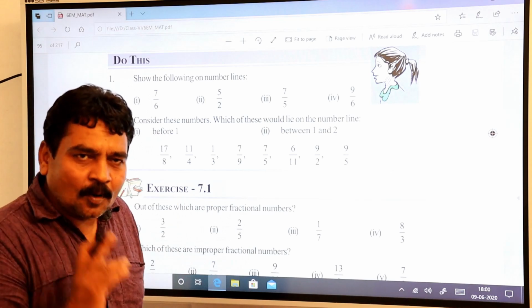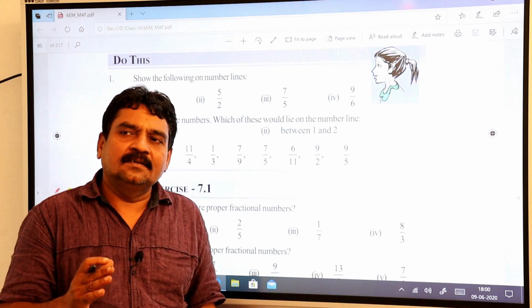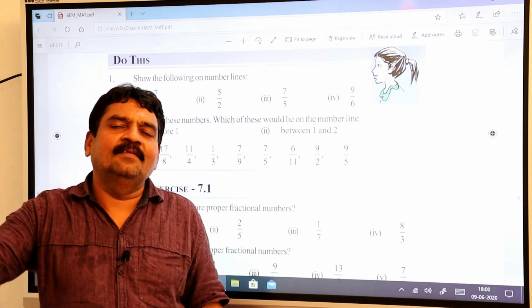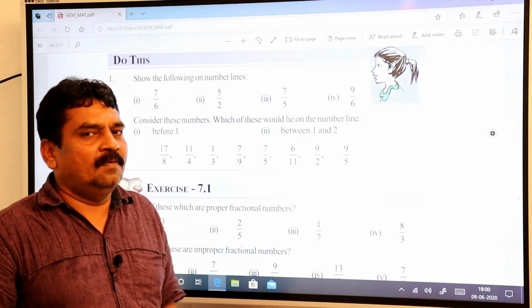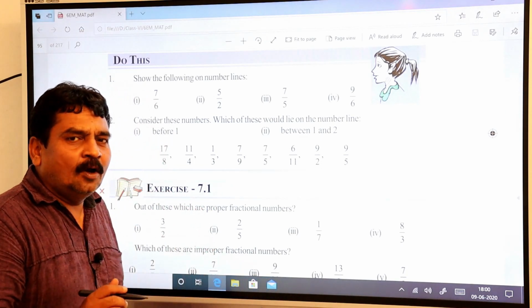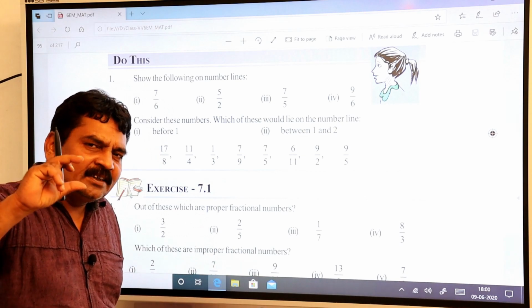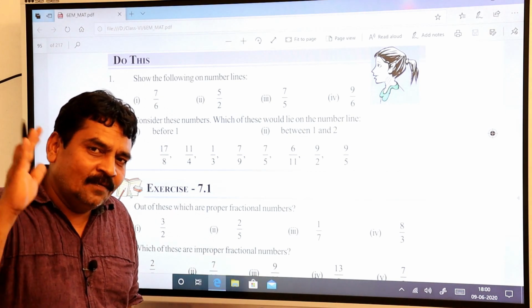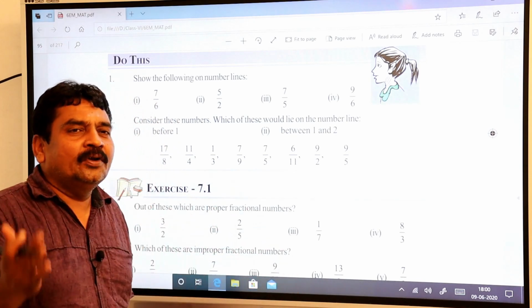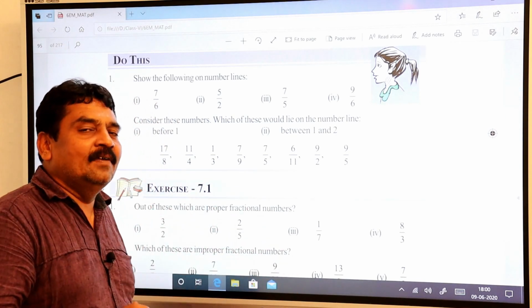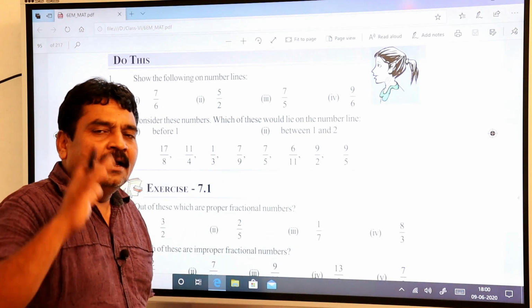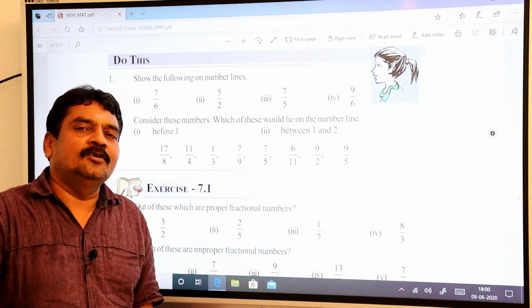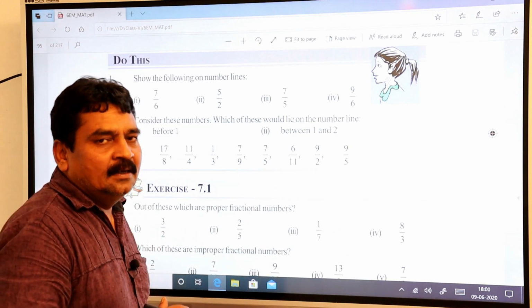The fractions which are more than 1, or greater than 1, you call improper fractions. It means that an improper fraction is always greater than 1. A proper fraction is always lesser than 1. The fraction which is greater than 1, you call an improper fraction.